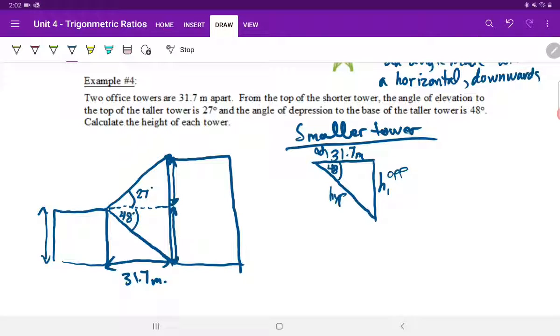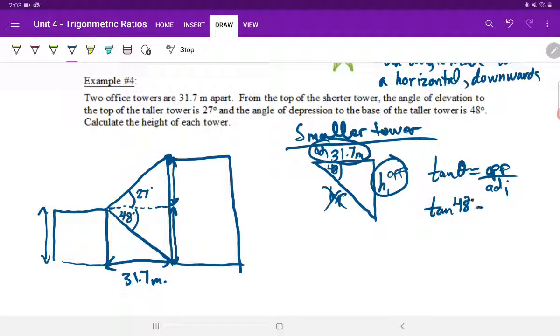Do I need the hypotenuse? No. What ratio has adjacent and opposite in it? The tan ratio. SOH CAH TOA. Okay, so tan theta is opposite over adjacent. Tan of 48 degrees is equal to opposite, which is h1 over 31.7.